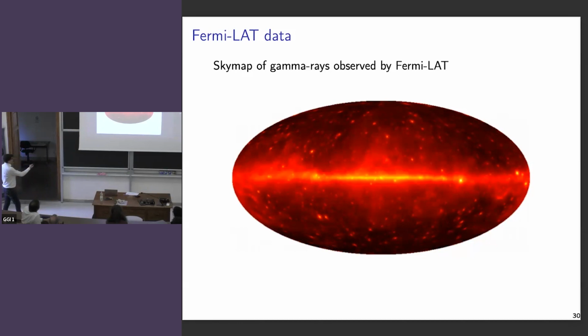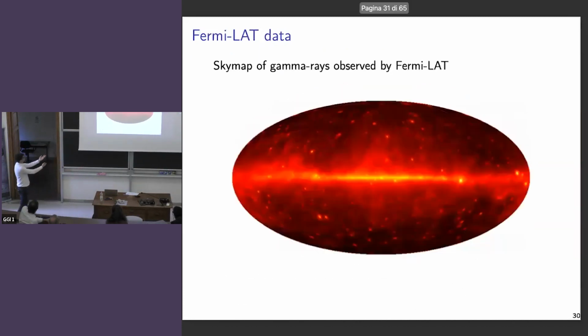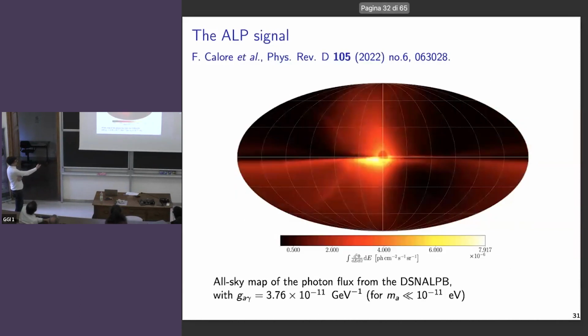Here you can see the morphology of the observed signal after 12 years of observation, and here you can see the expected gamma ray signal from the diffuse supernova background for a fixed value of the axion-photon coupling. This is valid for masses lower than 10 to the minus 11, where the conversion probability is essentially energy independent. So you can clearly see that the morphology of the two signals is very different.